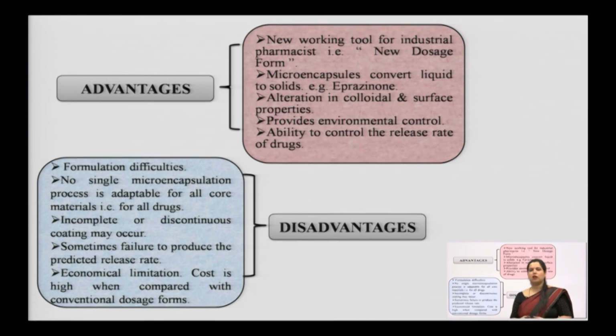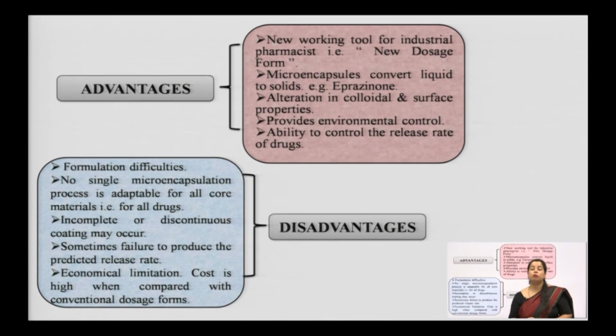So, these techniques definitely encapsulate solid as well as liquid. That is why it is written here that they convert the liquid to solid form by encapsulating the polymer layer. Alteration in colloidal and surface properties.